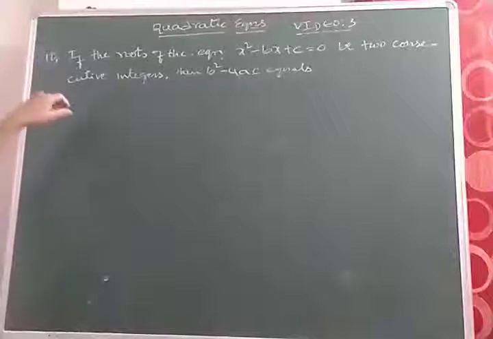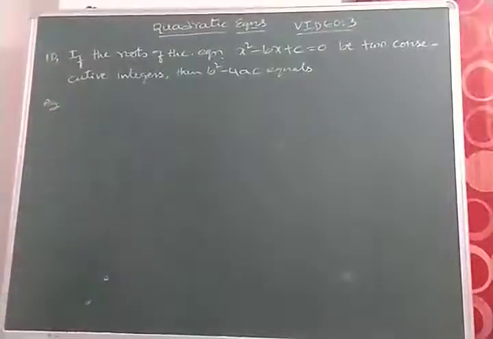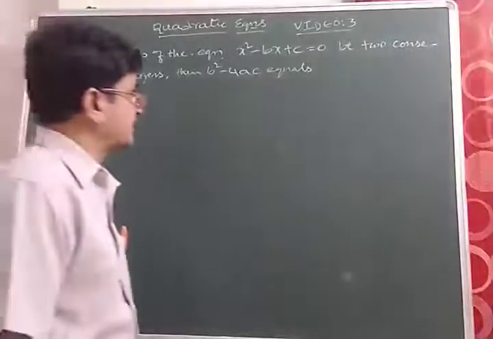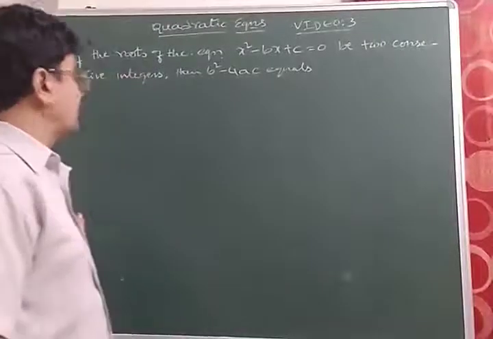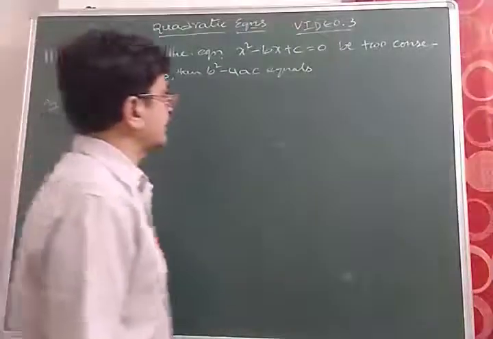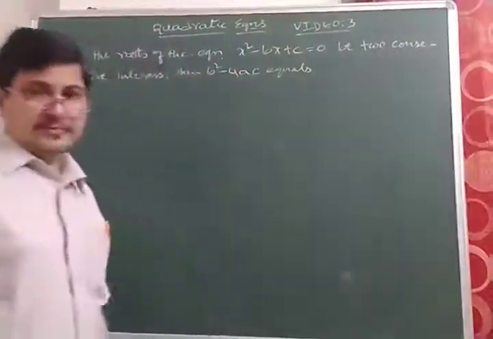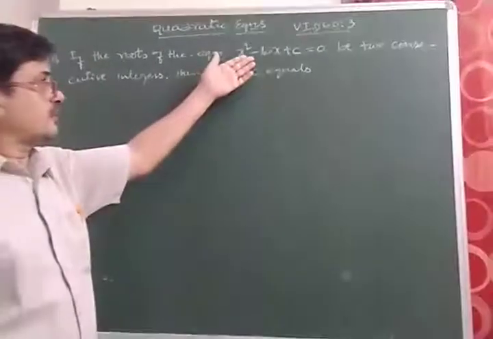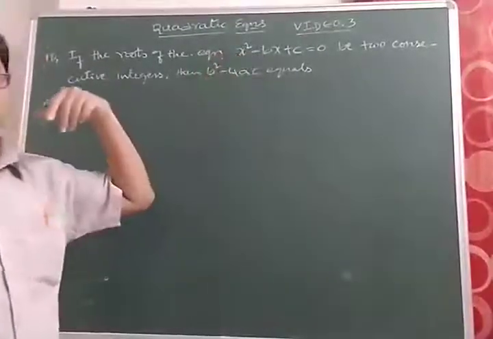Question number 10. If the roots of the equation x square minus bx plus c is equal to 0 are two consecutive integers, then b square minus 4ac equals 100. That means the given quadratic equation has two roots which are consecutive.